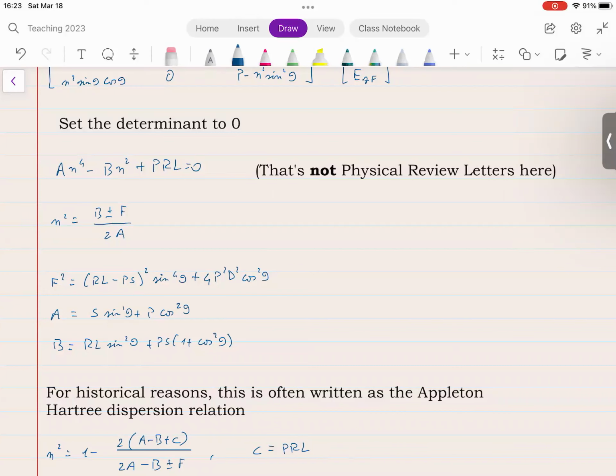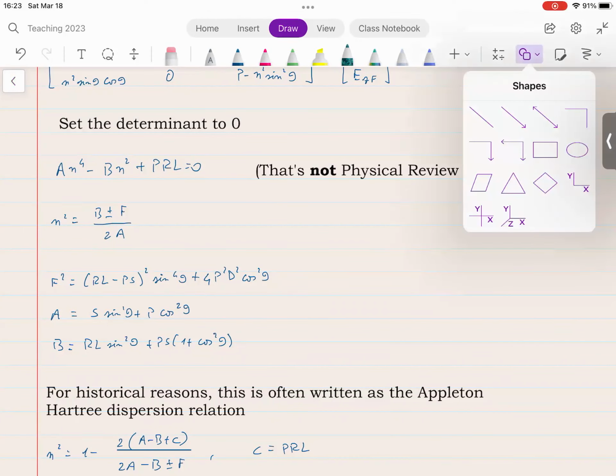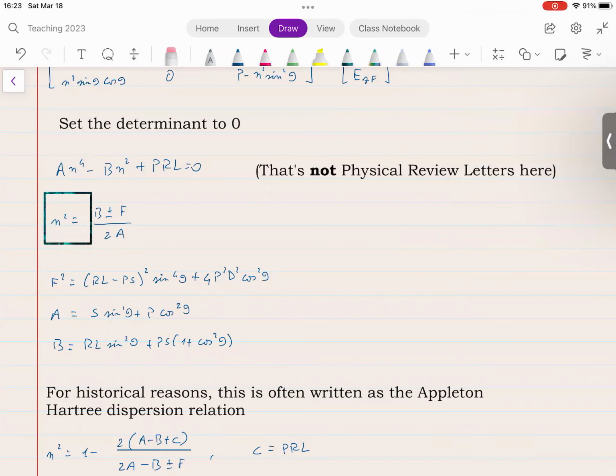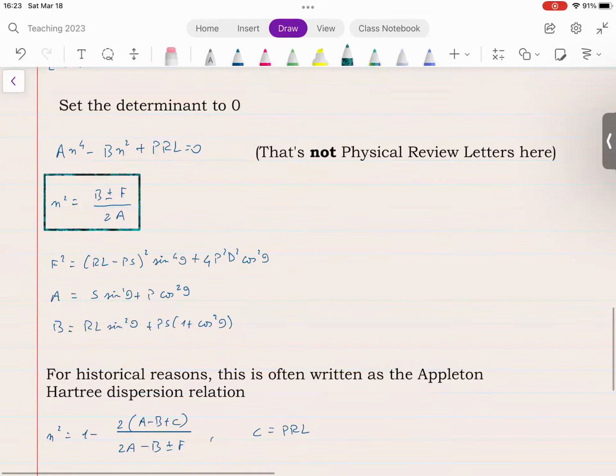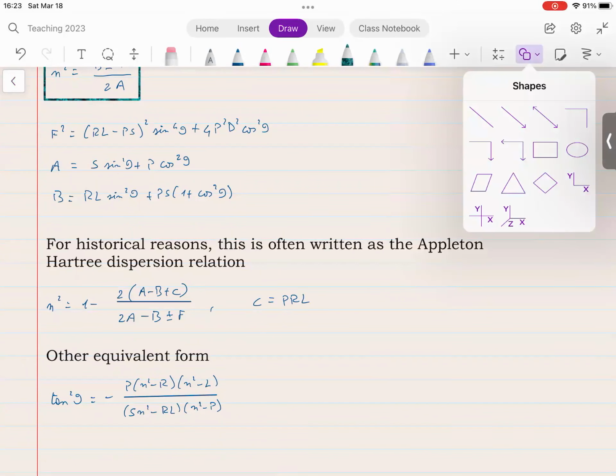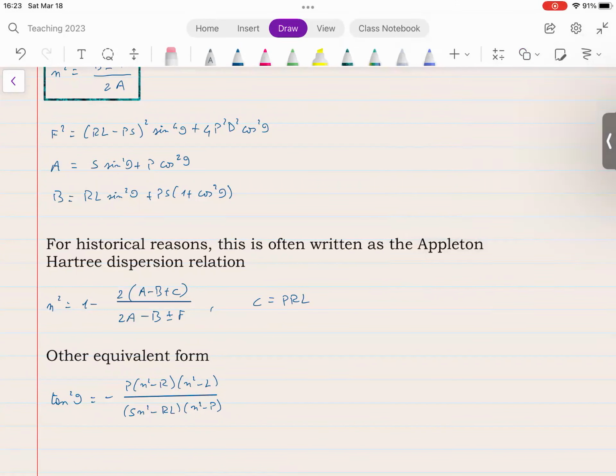Now, each one of the expressions I'm going to square now is our dispersion relation with all the necessary definitions being implied.